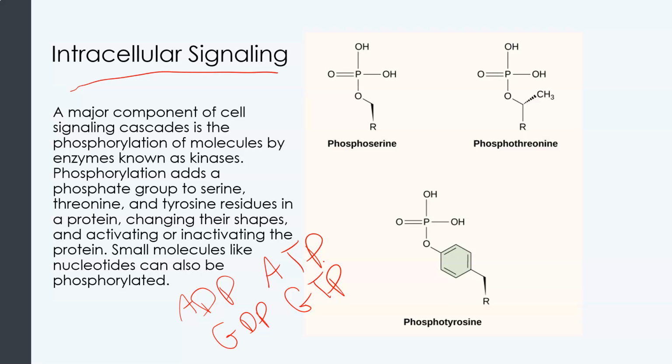Okay, so phosphoserine, phosphothreonine, and phosphotyrosine are phosphorylated by kinases.